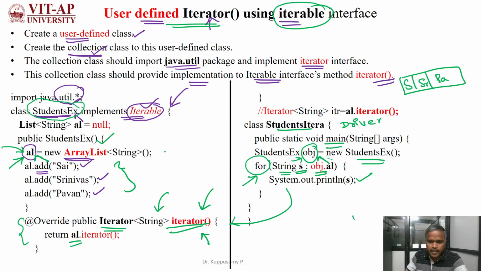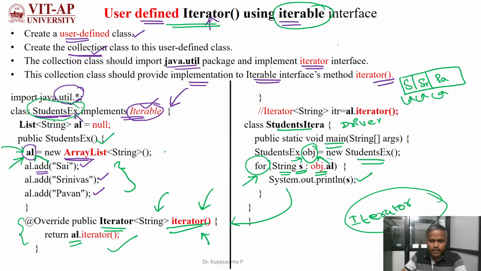If you are using the Iterator interface, then this code is not needed. The built-in iterator method will automatically be executed, and the cursor will move from one element to another until it reaches the end of the ArrayList.